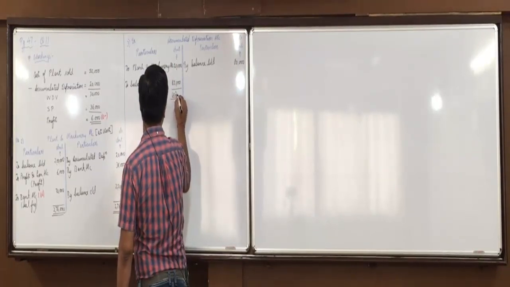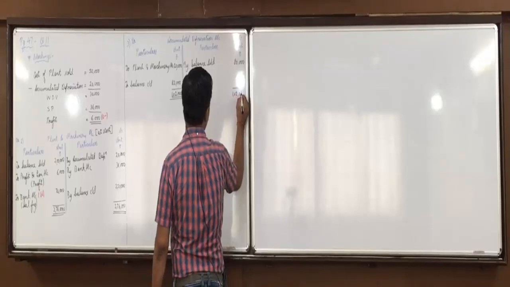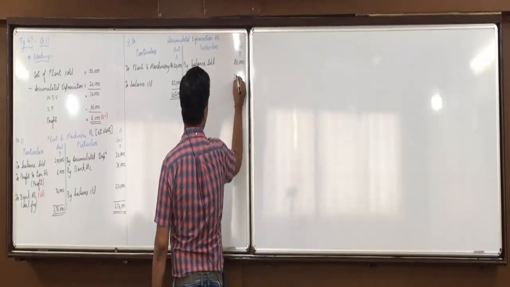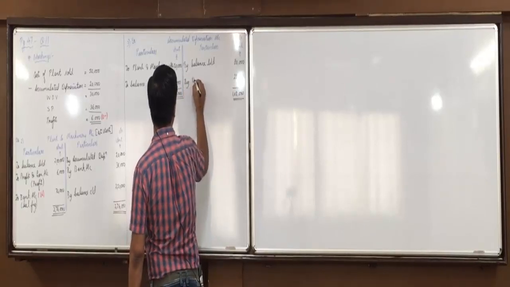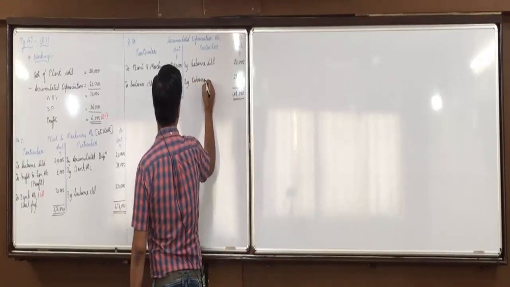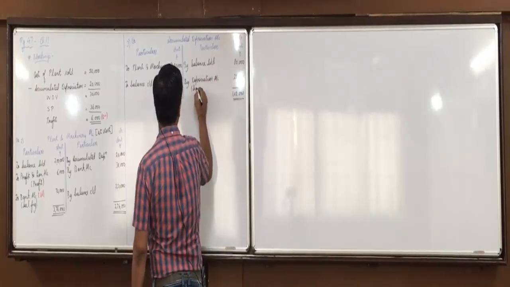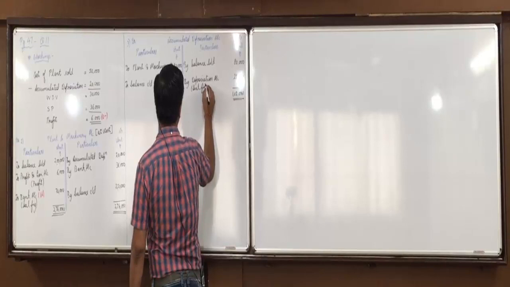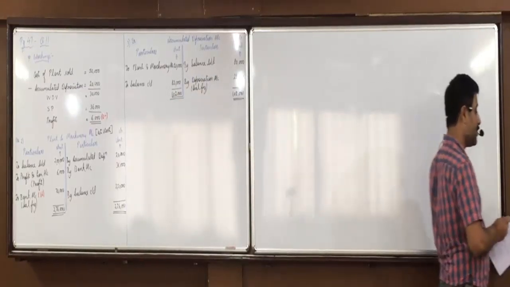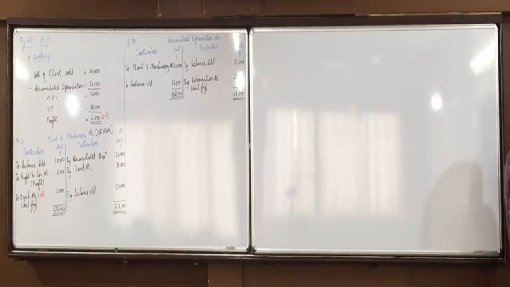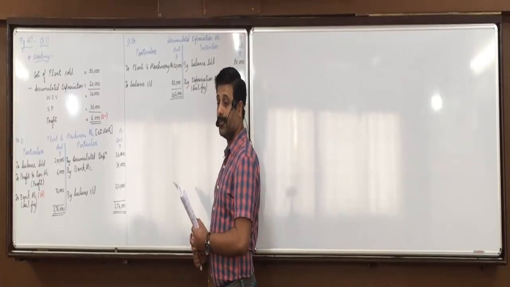So 1,02,000 minus 80,000 is 22,000. 22,000 is by depreciation account, in bracket balancing figure. This depreciation is the current year's depreciation. Did everyone understand this? And what will be the effect of this depreciation, 22,000?